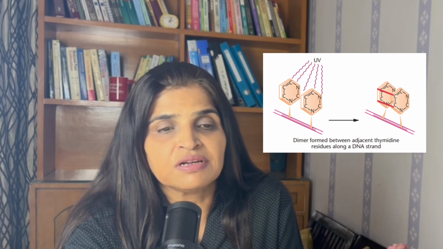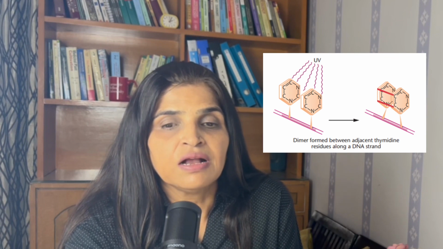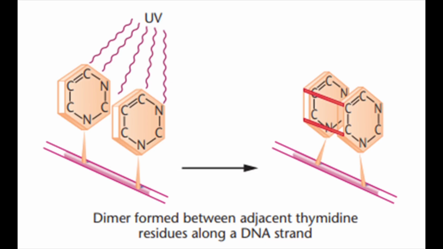What will happen if a dimer is formed between two thymidine molecules? It will not bind, and it will not be replicated from here. It will distort the DNA conformation and inhibit normal replication. As a result, there will be a gap, and errors will be introduced during replication.